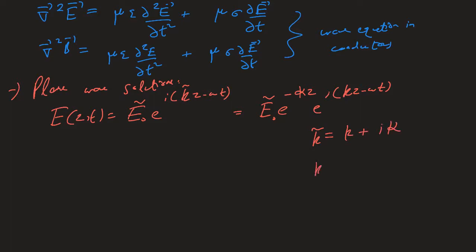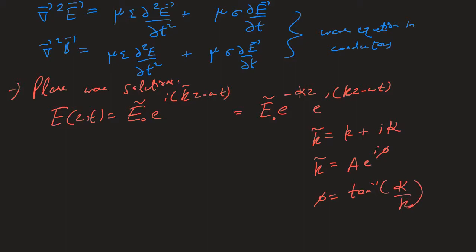That k tilde, being a complex number, can be expressed as its magnitude times e to the i phi, where phi is equal to tan inverse of kappa over k.